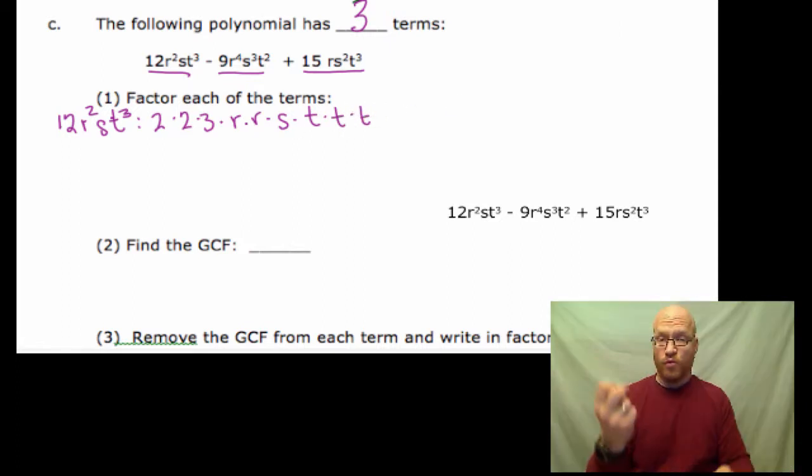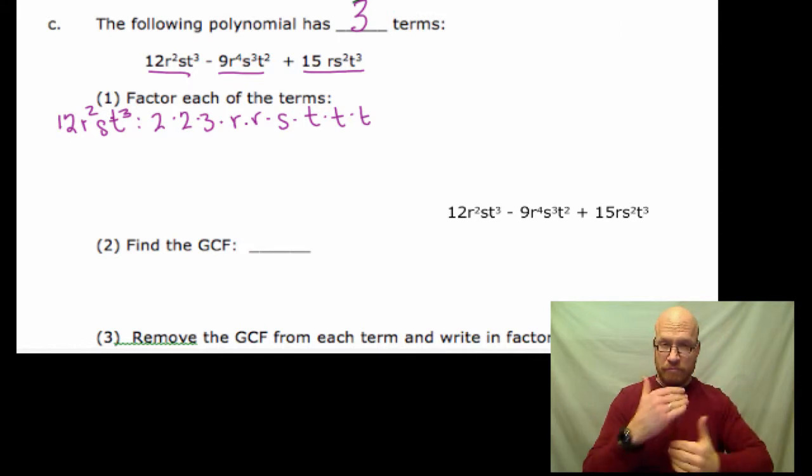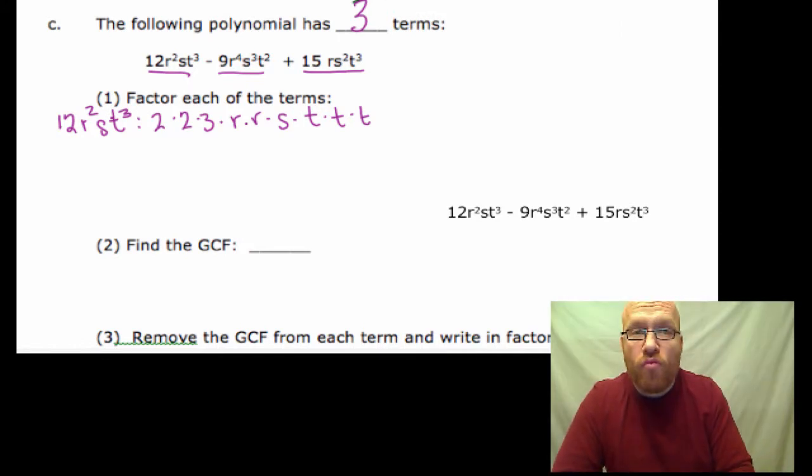I quickly did this. 12 factors out to 2 times 2 times 3. Then for each variable, r squared is r times r, s is just s, t cubed is t times t times t. That's how we go with this process. I'm going to do the other two terms quicker.